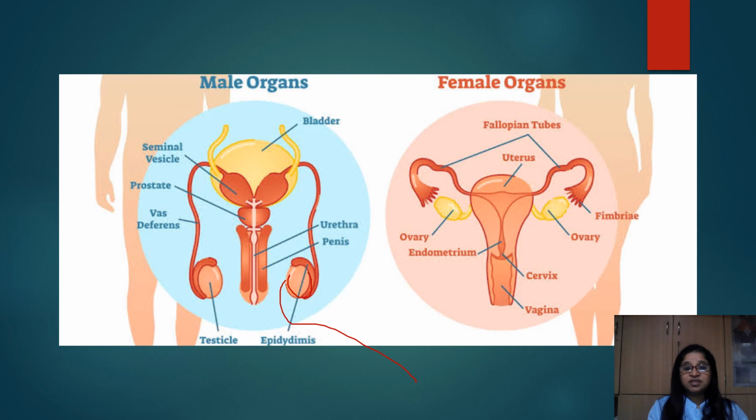Exactly, we have the testes here in the scrotal sacs, right? And these are a pair of ovaries in females. So this is exactly how these, even though they are the gonads and play a major role in the production of sperms and also in the production of ovules, they also act as endocrine glands. So therefore, we always need a special mention of the gonads.